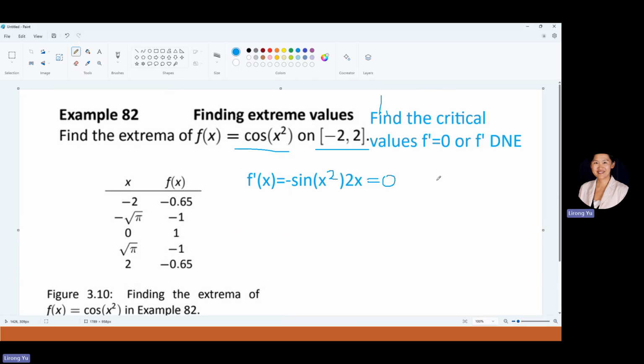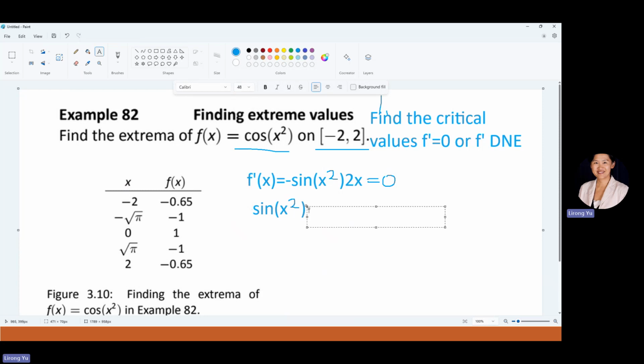For a multiplication to equal 0, there are two possible ways. Either sine of x squared equals 0, or 2x equals 0. That's factoring, right?